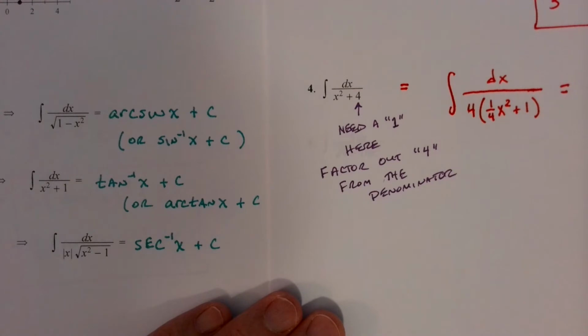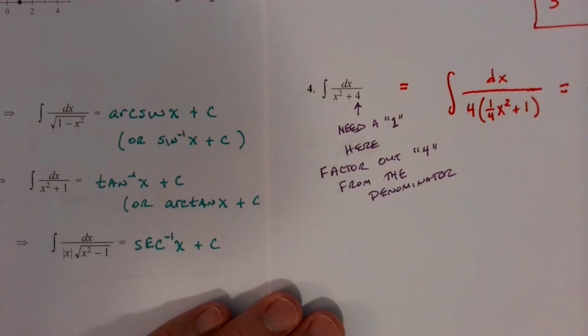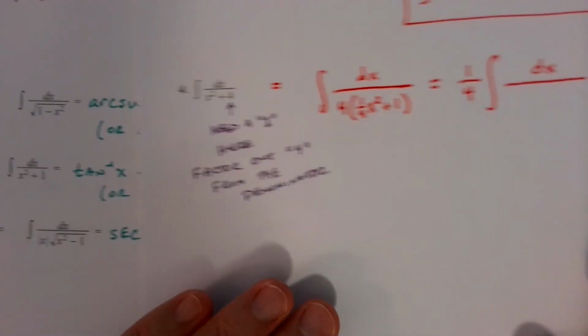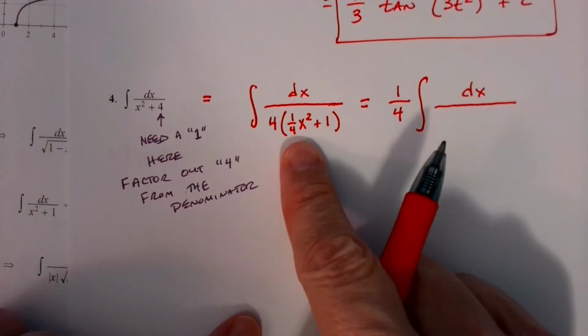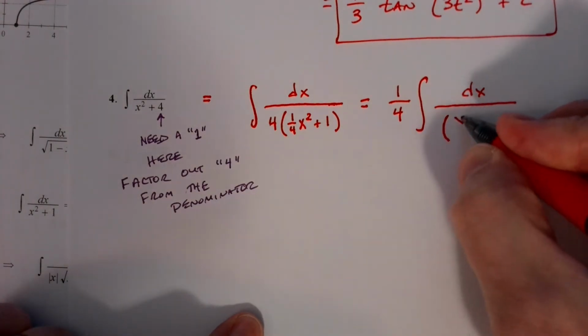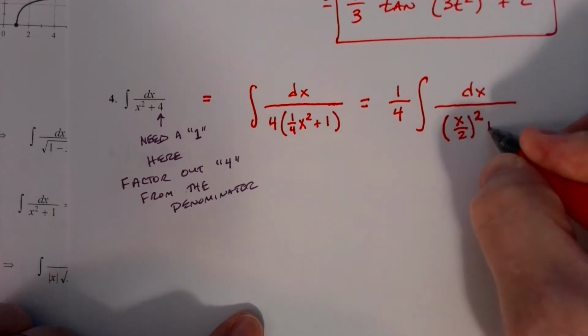So let's do that. And I want to rewrite this 1/4 x squared a little bit differently. This is really x squared divided by 4. And what is x squared divided by 4? Well, I can write that as x divided by 2, quantity squared.